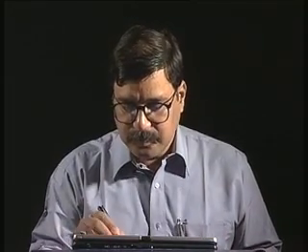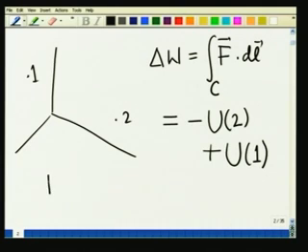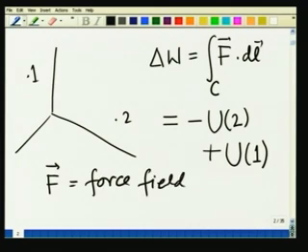Therefore, let me use this to define potential energy as minus U2 plus U1. In this case, let me be explicit: F is the force field, that is the force that is being felt by the body when it is moving. I am not applying this force.